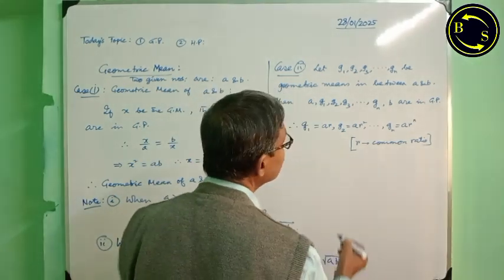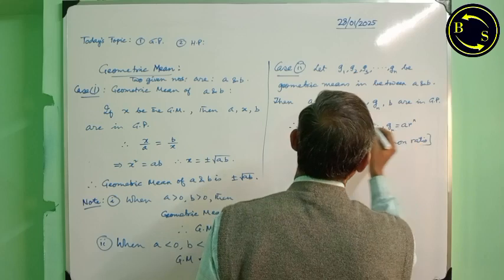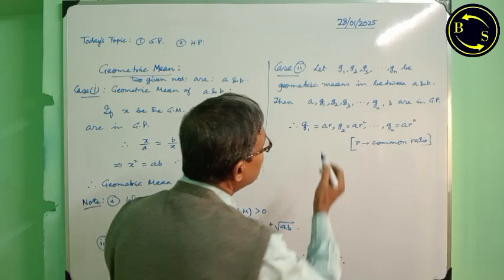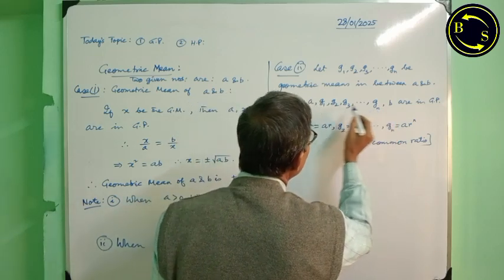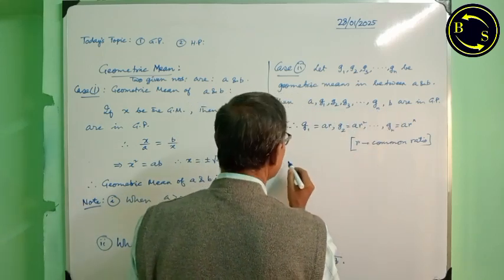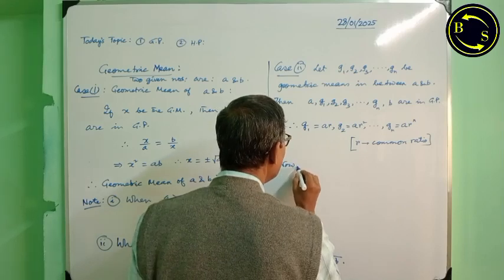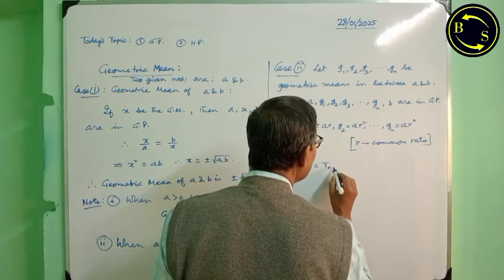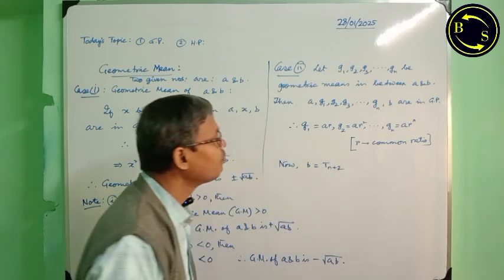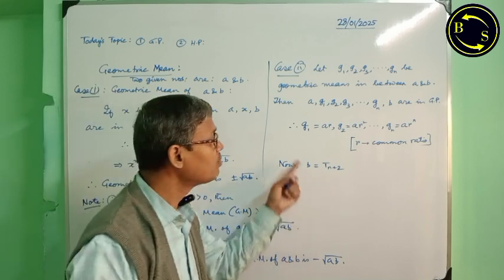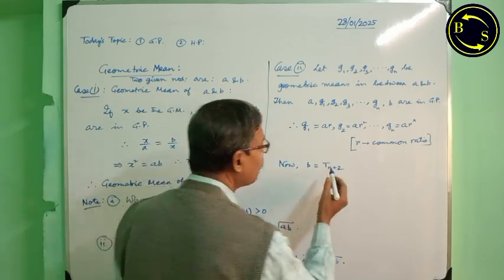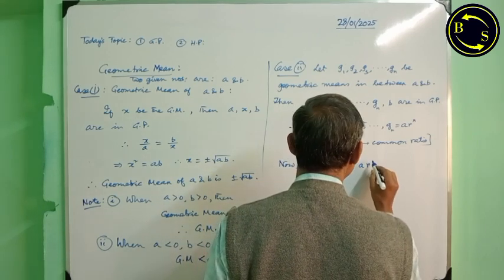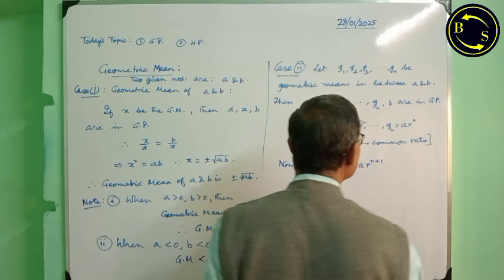Now, how many numbers are there, or how many terms are there? N geometric means are there along with first and last. Now B is the n plus 2th term of the GP, and as per formula, it is A R to the power n plus 1.